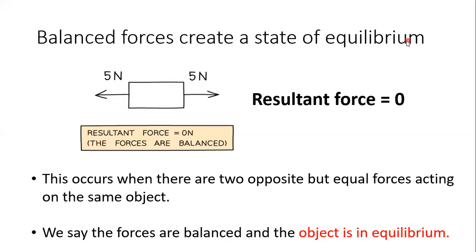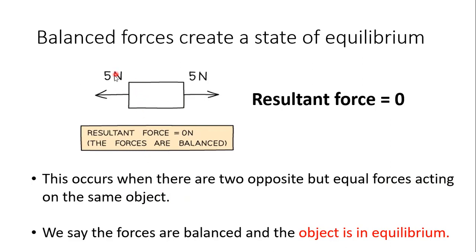a state of equilibrium. So for example, we looked at this one in the previous slide, where we have 5 newtons to the left and 5 newtons to the right. So the resultant force here, we said, is 0 newtons. And now these forces have balanced. This occurs when there are two opposite but equal forces acting on the same object.